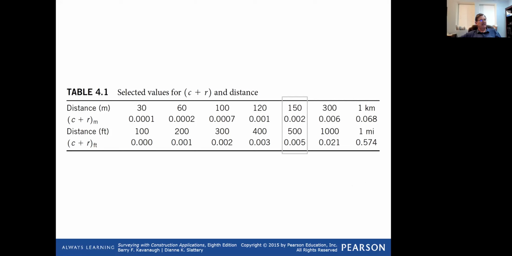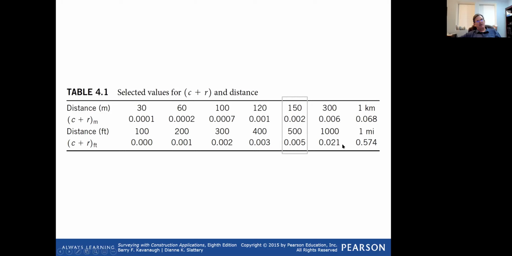This is just a table here for curvature and refraction. I was actually wrong. So in 1 mile, it says 0.57 feet high in 1 mile. So you can see here in 300 feet, you're only a couple hundredths of a foot high.